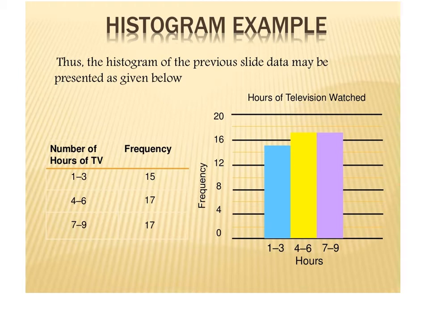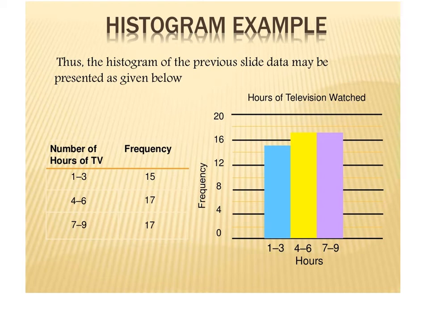As you see, there are three different colors: blue, yellow and purple, which represent the number of hours. On the horizontal axis, which is our x-axis, we take hours, and on the y-axis we take frequency. It means the number of students. And the histogram shows hours of television watched.